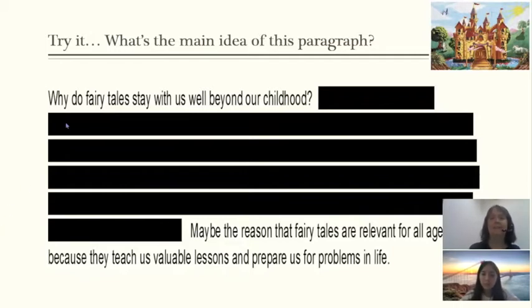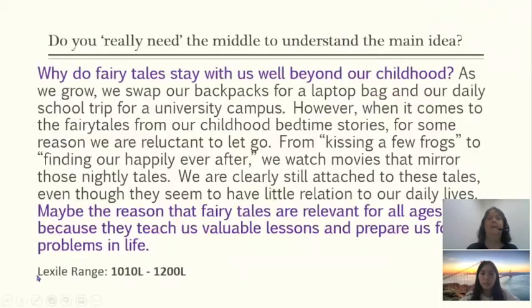We can see that just from the first and the last sentence, so we don't even need the middle to get the main idea, right? If we look at the next slide, here is the entire paragraph. You can see we're talking about backpacks for laptop bag, bedtime stories, kissing frogs, happily ever after, and movies that we watch now, right?